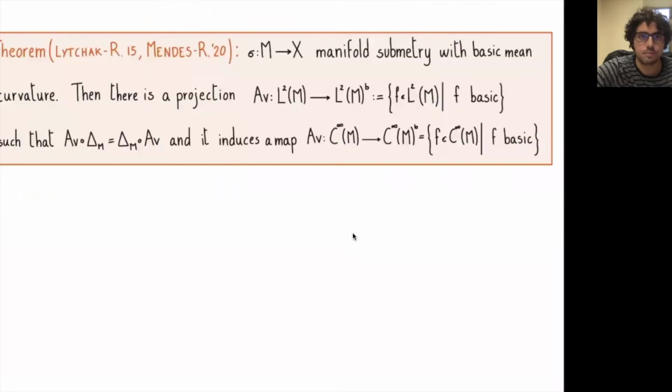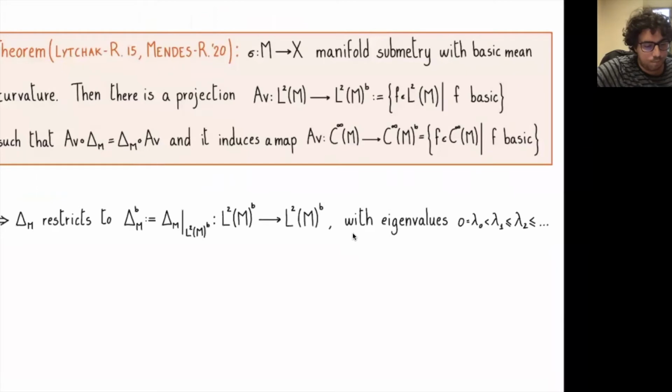I just rewrote the same theorem here. The fact that the averaging operator commutes allows us to say that the Laplacian of the manifold restricts, I mean, you can define the restriction of this Laplacian acting on basic functions.